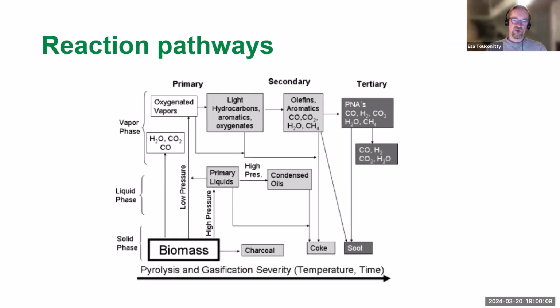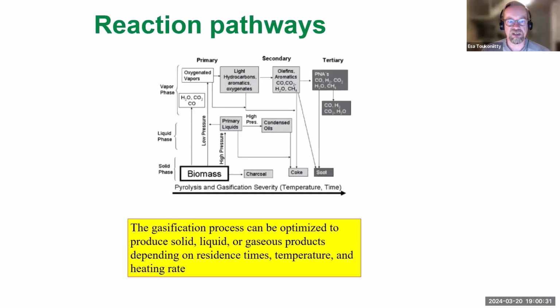And one can make these gaseous products into synthesis gas, but you can also get some liquid products, or you can aim to get really just solid carbon out from that gasification. So there are various possibilities.